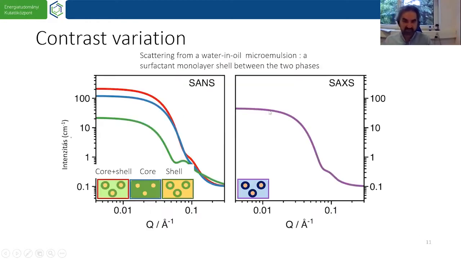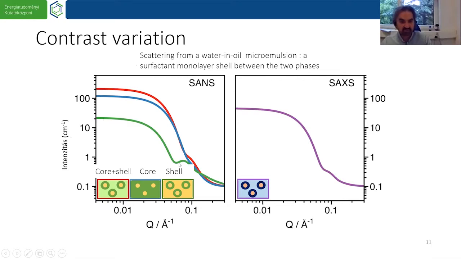Let's go next. For example, in these previous three systems, these are model curves for small angle neutron scattering. In case we see the shell, or the shell and the core, we have these red and blue lines. We see that they have much less structure.